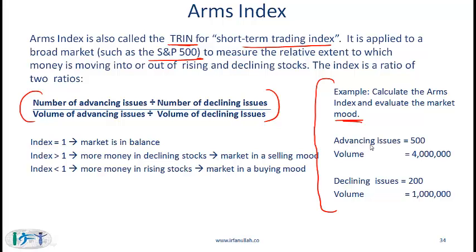You have a situation where we have a total of 700 stocks or issues. The advancing issues in our example equals 500, declining issues is 200. So over here the numerator would be 500 divided by 200, which is equal to 2.5, and the denominator is the volume of advancing issues divided by volume of declining issues.